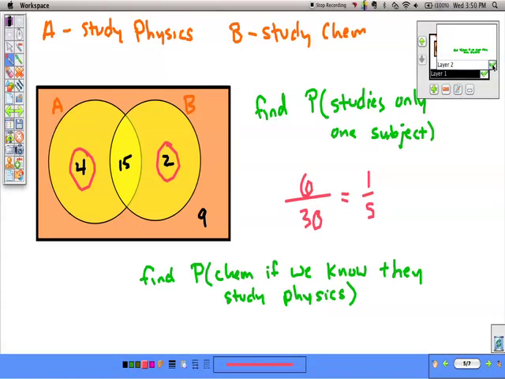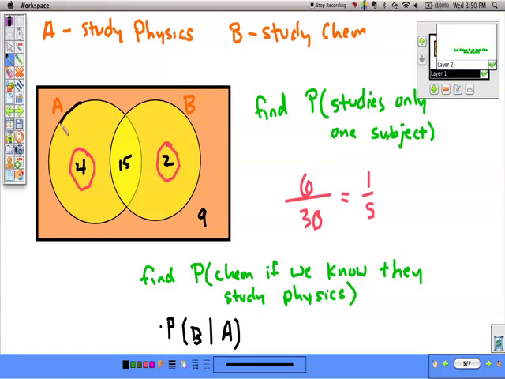Second question, find the probability that they study chemistry if we know they study physics. Another notation that we could use here, probability of B given we know that A already occurred. This is called a conditional probability. So we know that they study physics.